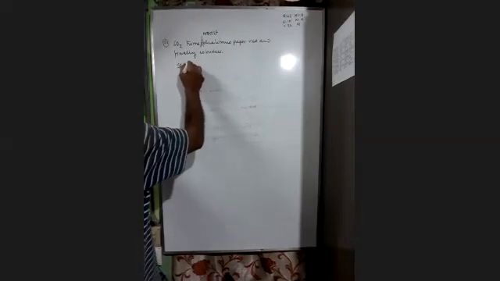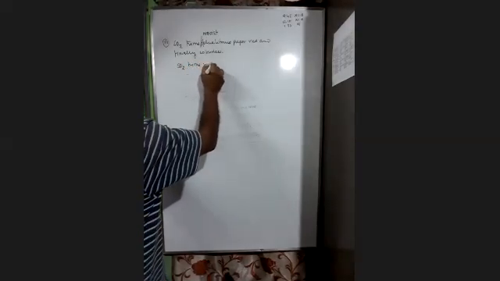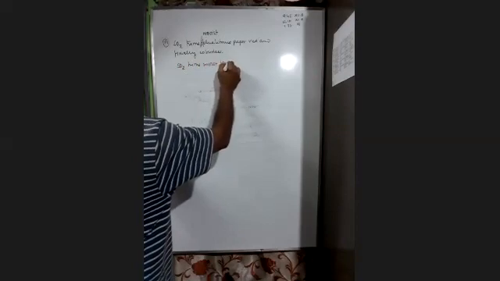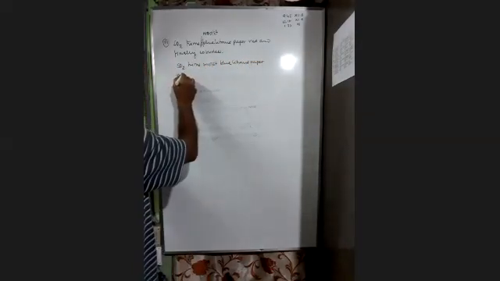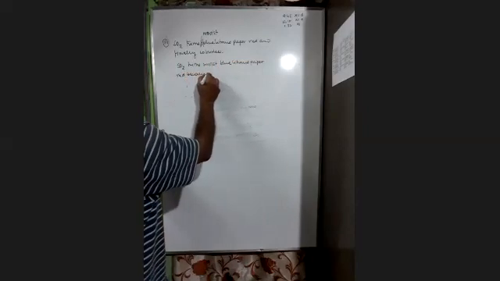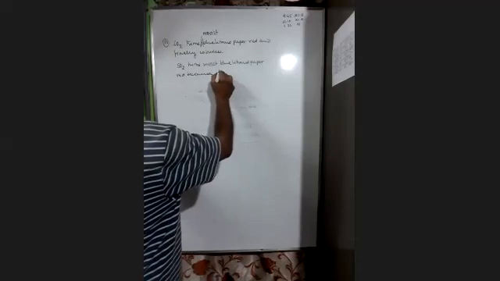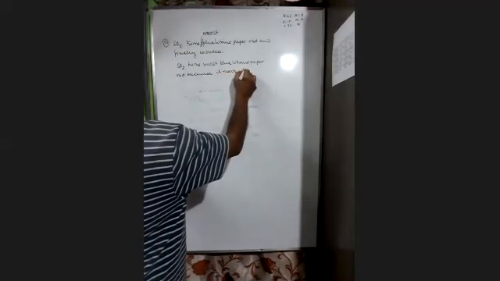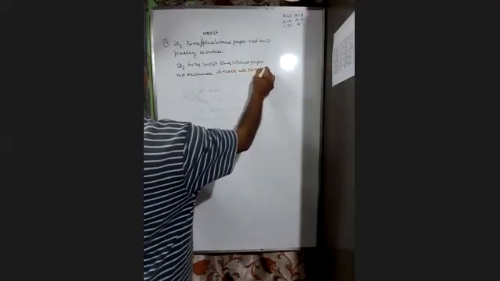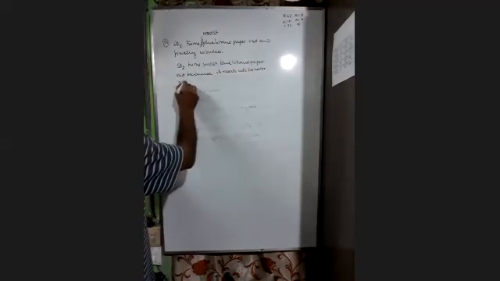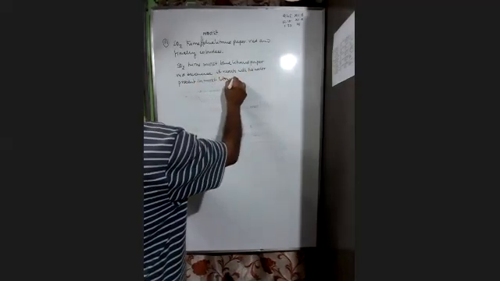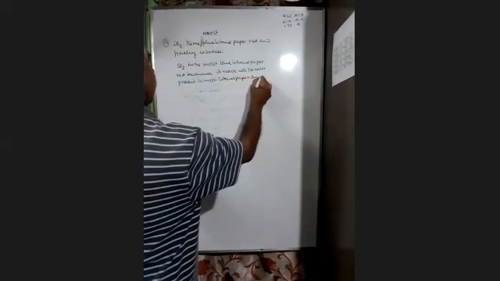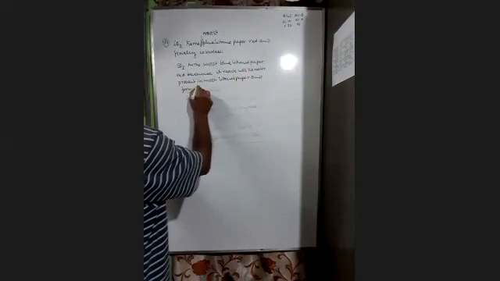Sulfur dioxide turns moist blue litmus paper red because it reacts with the water present in the moist litmus paper and forms sulfurous acid.